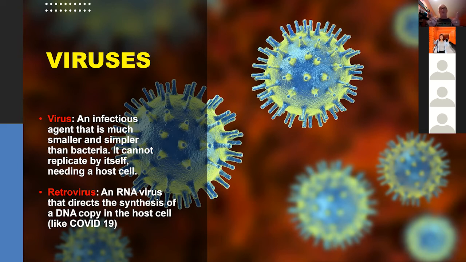So all of their genetic material is RNA. And so when it goes into a host cell, it infects it with RNA, and that RNA is then turned back into DNA, replicated, and then made into RNA again to make more virus. We'll sort of go into how that works.